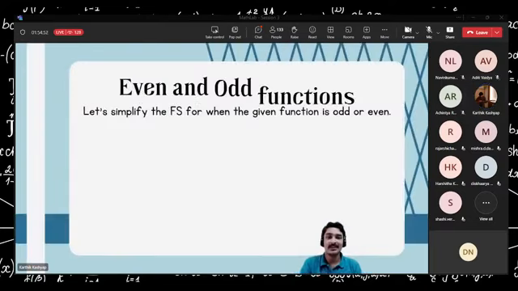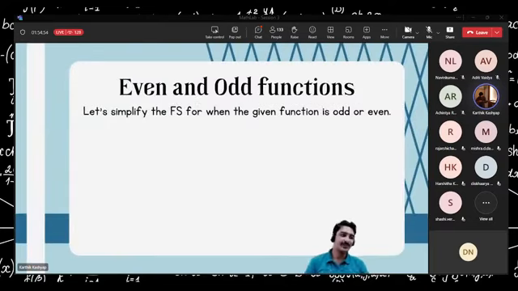So moving on, even and odd functions. This is not really a major topic. This is just a simplification when the given function is even or odd. We have seen in JEE that the integral of an odd function will give an even function, right? So as a property of definite integrals, the integral of an odd function from minus a to a will be equal to 0, because it will be an even function evaluated at the limits minus a to a.